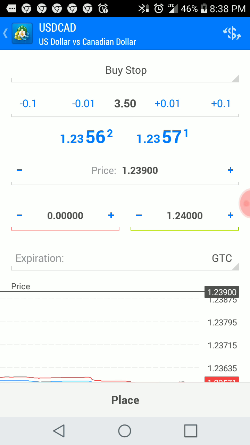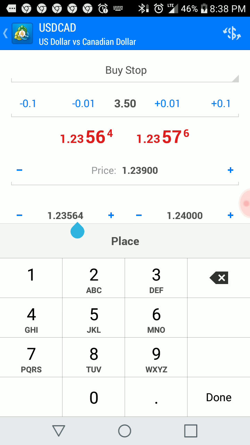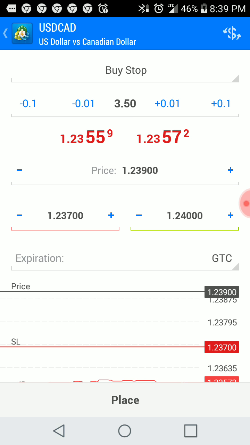But just to be on the safe side, because we're running at such a high level, I will place this stop at 23.70. We're going to give ourselves twice that amount to be safe. So 23.70 is where I place the stop. But that's a managed thing, and as we get into it, the management of it becomes different.